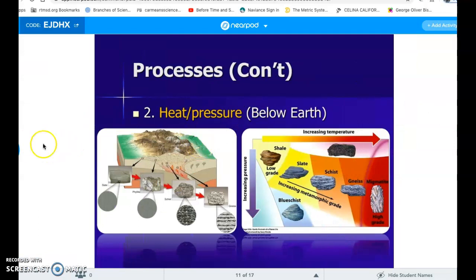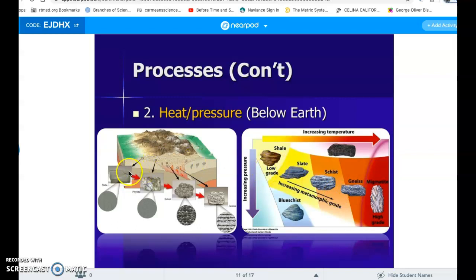Okay, so the second type of process is heat and pressure. And so heat and pressure happens inside the earth, and that increased temperature and increased pressure then causes rocks to morph into a whole new rock.